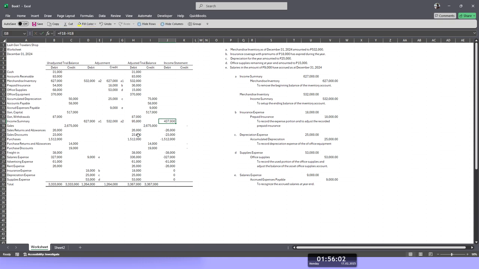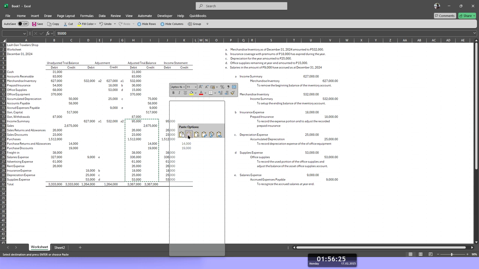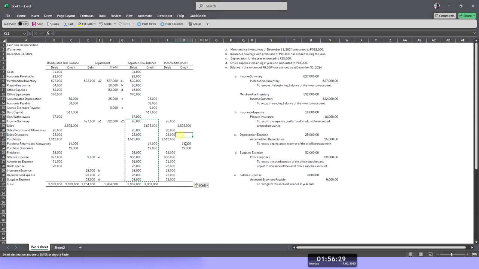So in using Excel for this purpose, copy the amounts of the income and expenses accounts, including the balance for income summary. Copy them and then paste the values in the income statement columns.